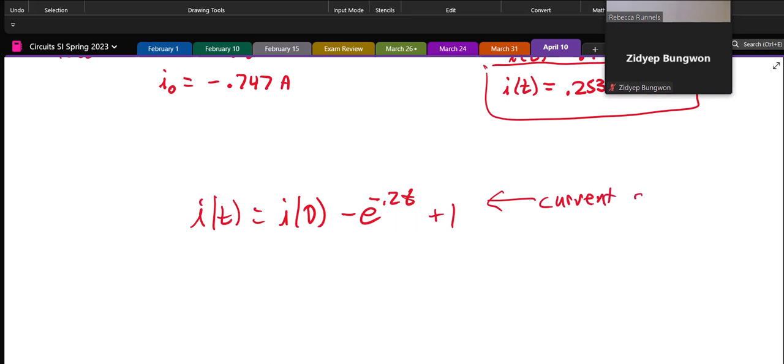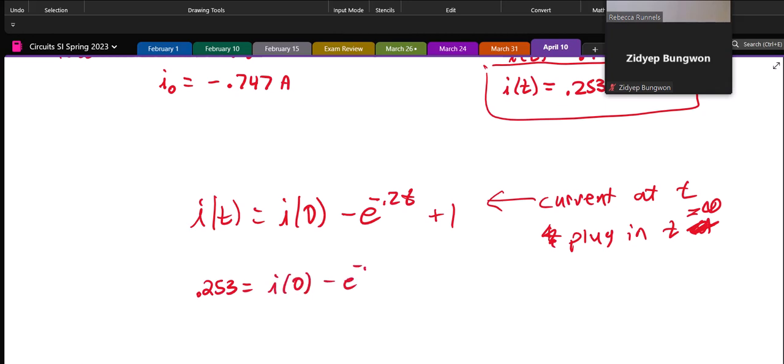So I plug in t equals infinity, because I know what the current is at infinity. I just found out that the current at infinity was 0.253. So if I plug in infinity for the time here, that should equal 0.253. And e to the negative infinity is 0. What this did for me is it allowed me to solve for i of 0, which is what I used it for.